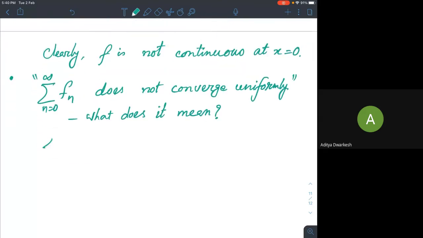So you should give this. You define S_n(x), which is the summation k equal to 0 to n minus 1 of f_k(x).